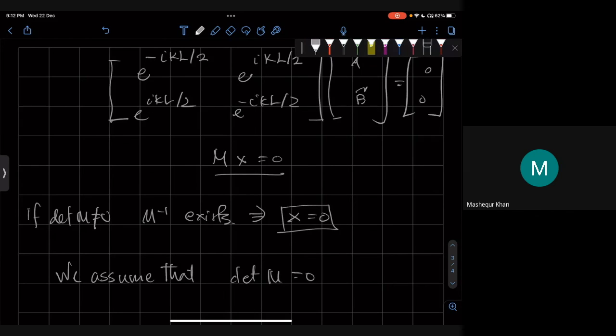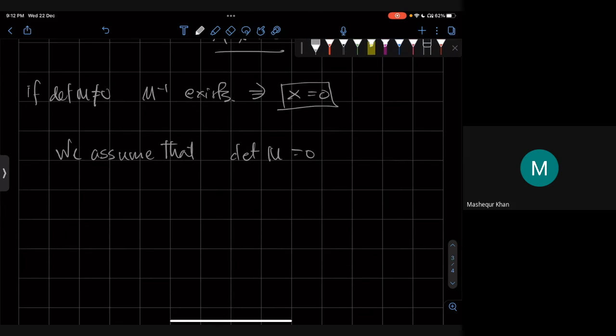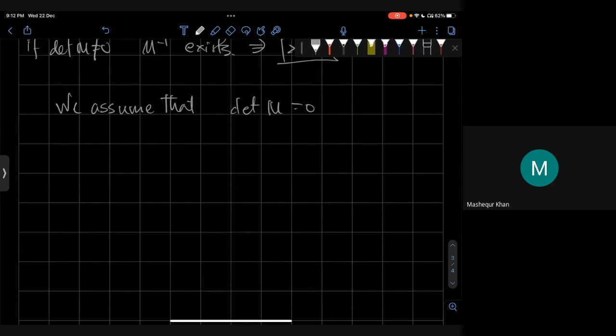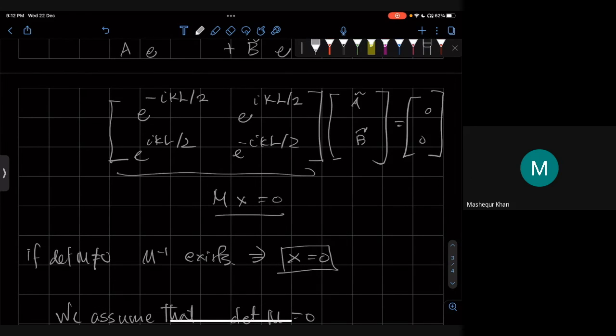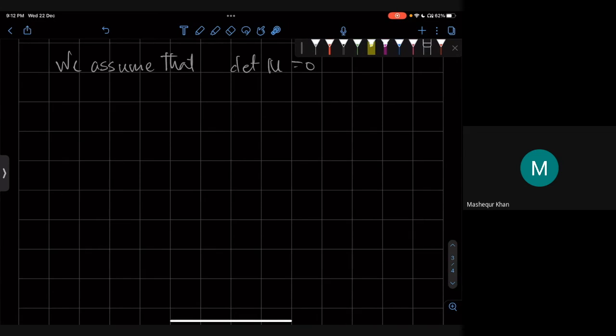So if I calculate the determinant of this matrix, what do I get? I get a condition. If I look at the determinant, we are going to have this multiplying this minus this multiplying this, right? So this is very easy to calculate.